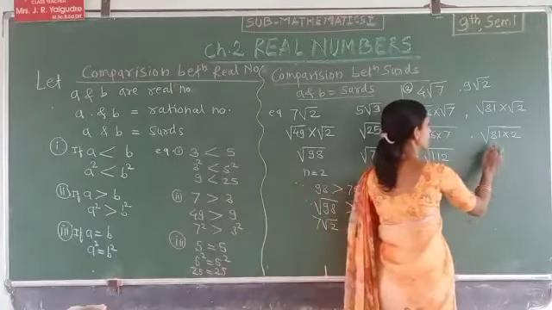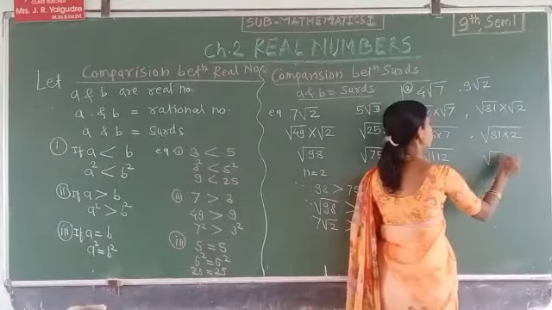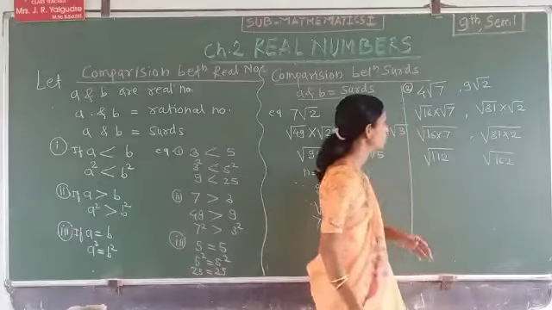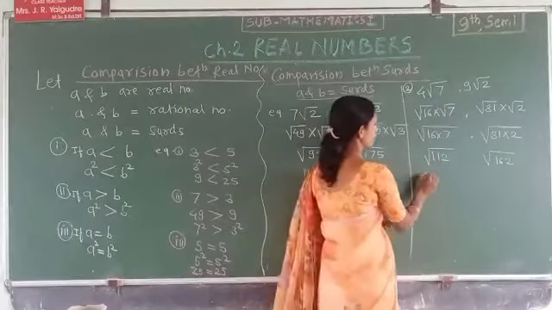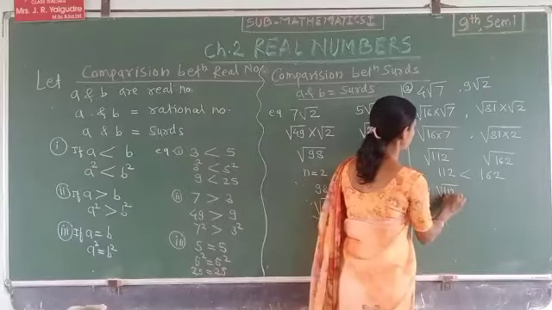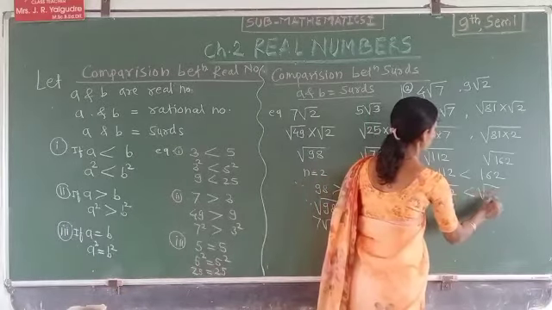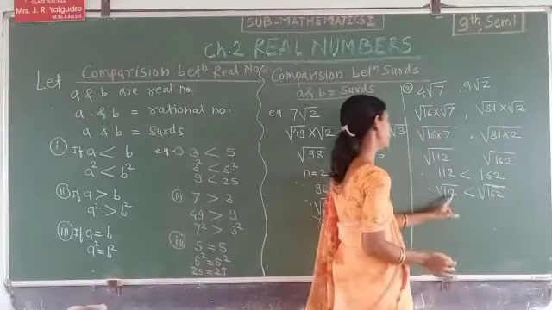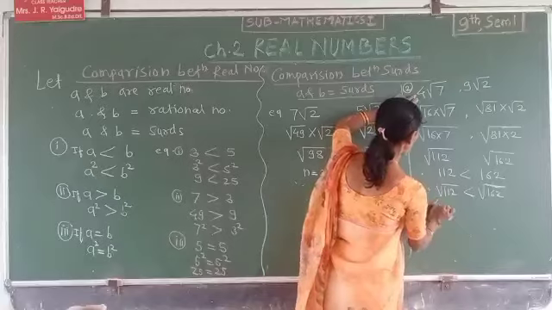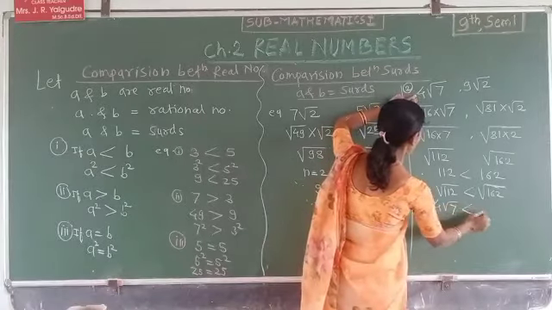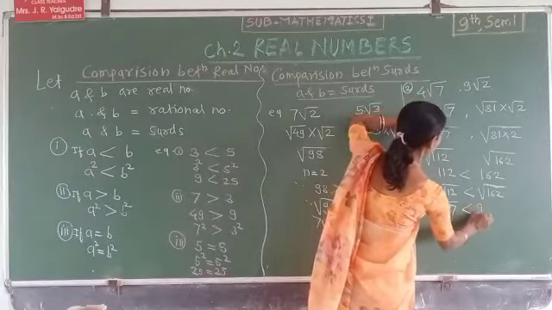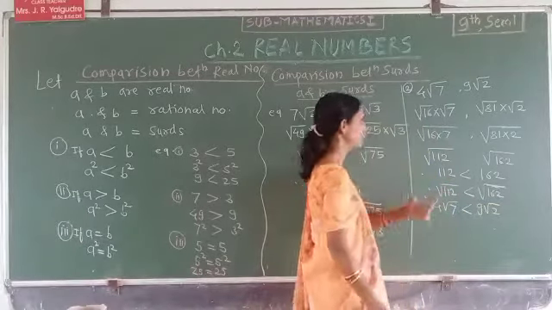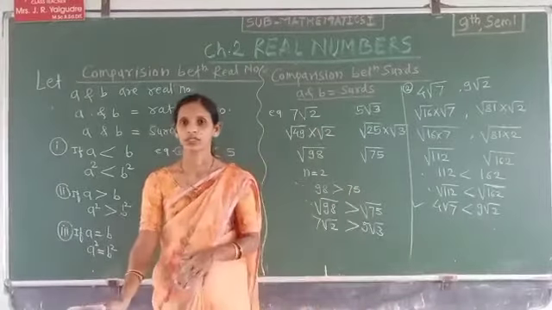And 81 into 2, that is 2 8s are 16, 162. Therefore root 112 is less than root 162, and root 112 means 4 root 7 is less than 9 root 2. That is the comparison between two surds.